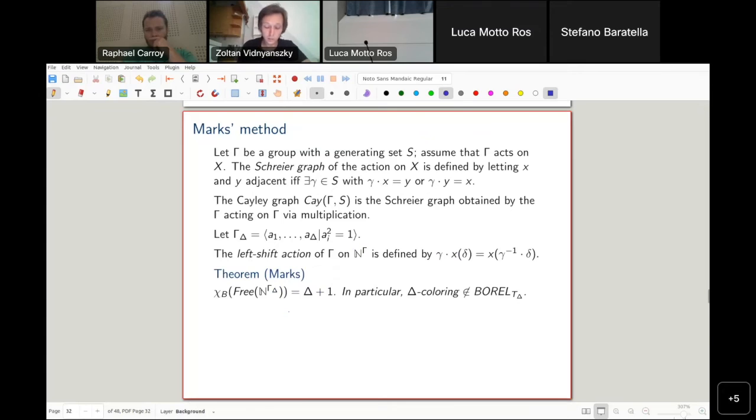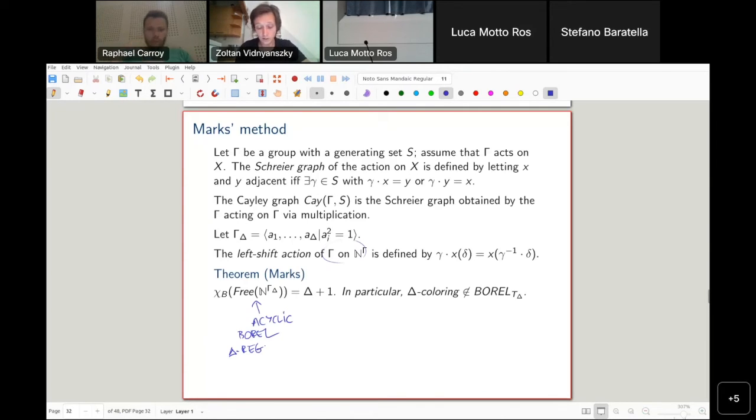And what Marks proved is that if you consider the part on which this action is free, then there is a Schreier graph there, as I just defined. First of all, it's acyclic, it's a nice, decent Borel graph, and delta-regular.